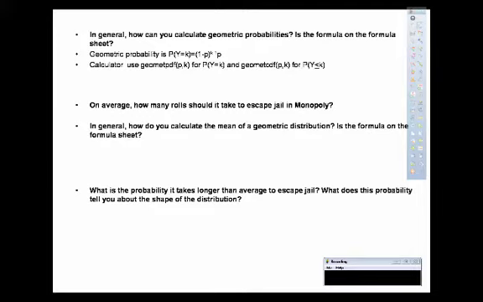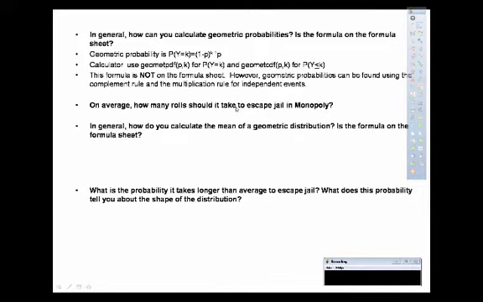And geometric CDF is for when y is less than or equal to k. And of course, we'd use it for y greater than k by subtracting it from 1 as well. Is this formula on the sheet? No, the formula is not on it, but geometric probabilities can be found using the complement rule and the multiplication rule right here.